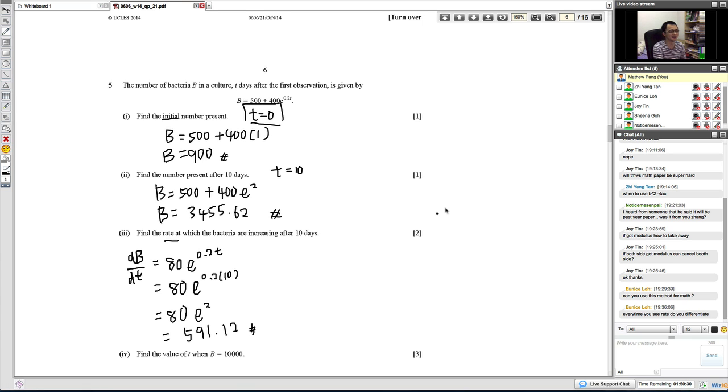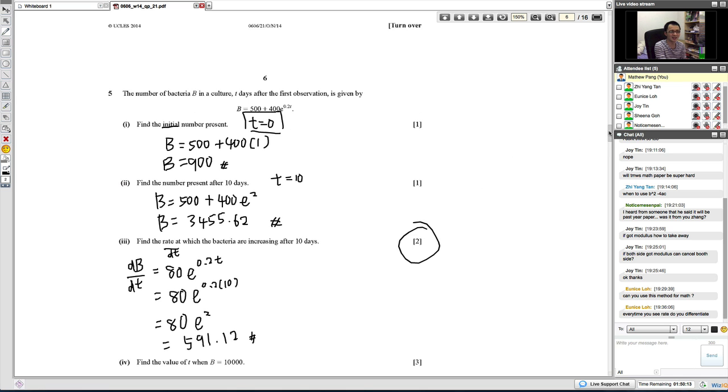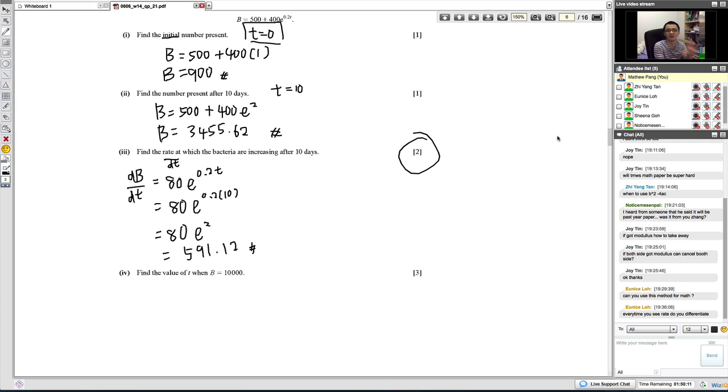Okay, this is the basic idea of how to find the word rate. So rate is always dB/dt. So I hope the IGCSE exam won't go too crazy. If it is still in terms of t, you just differentiate. Some more it is 2 marks only. If you really cannot understand, you always think of the easiest way to solve this one because it's only 2 marks. It's not going to spend you too much time for a 2 mark question.